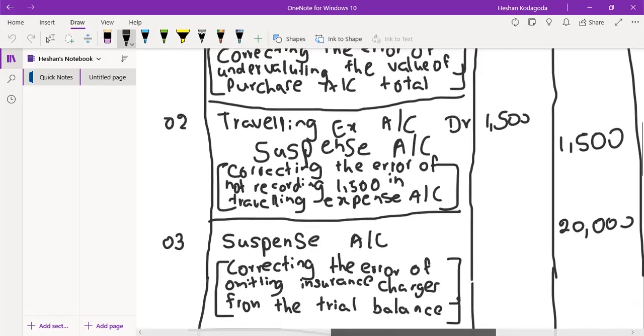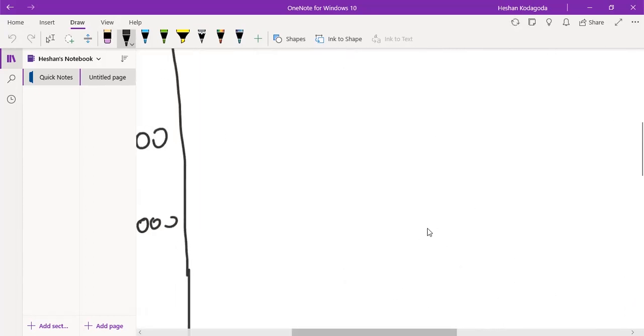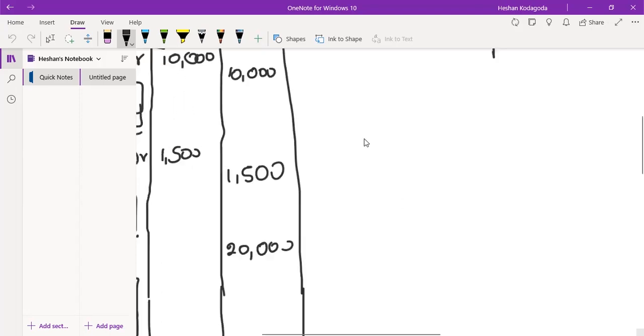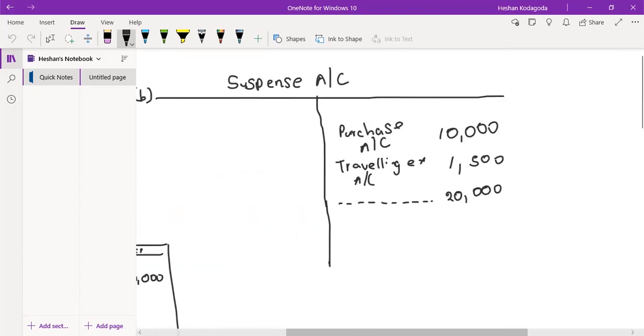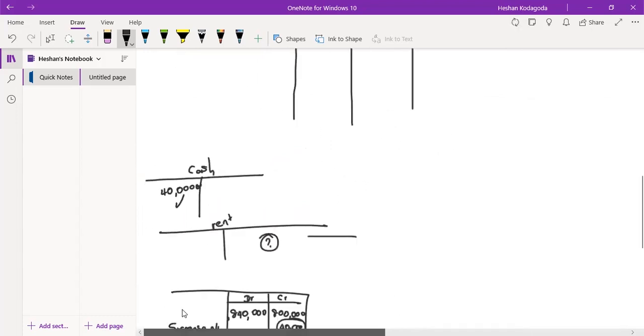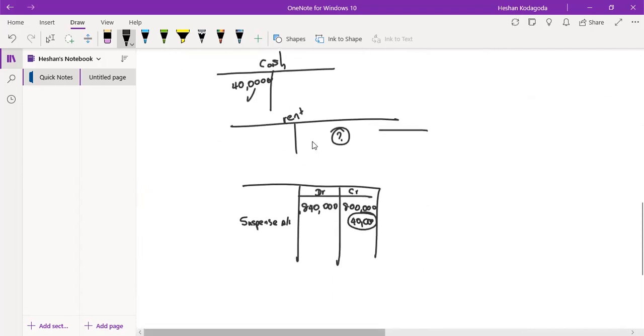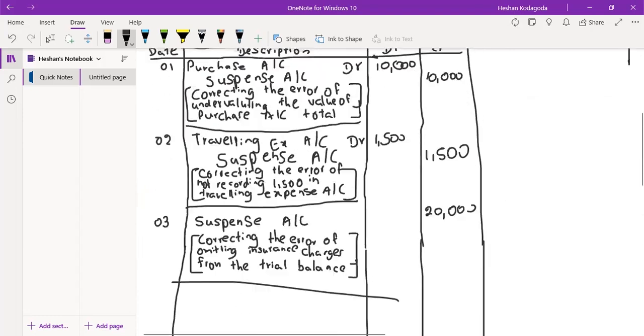We don't write that now, because there are many errors here. The suspense account comes to the credit side. To rectify that, you should debit 40,000 to the suspense account and you should credit 40,000 to the rent account. Okay, this is the rectifying error entry.